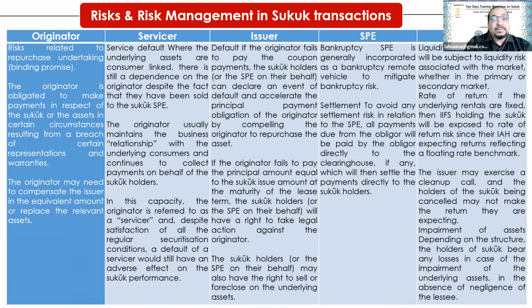in certain circumstances in case of breaches, because there are some terms and conditions pertaining to default. In case of breach of some terms and conditions, there should be an acceleration of payment. If that acceleration of payment upon default of the asset could not be executed, then it will represent a risk.